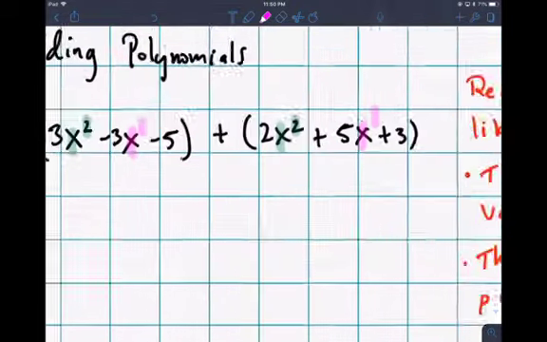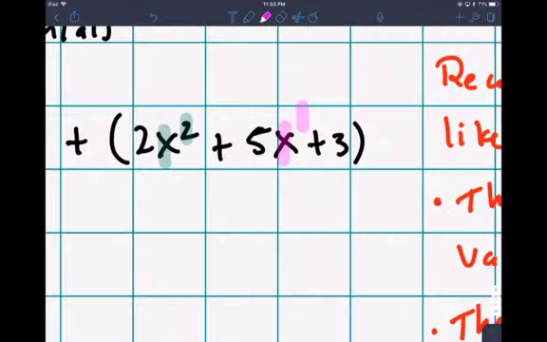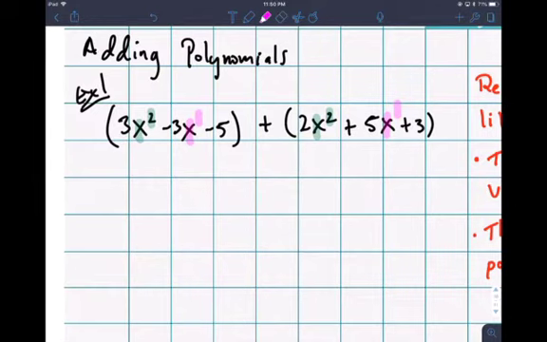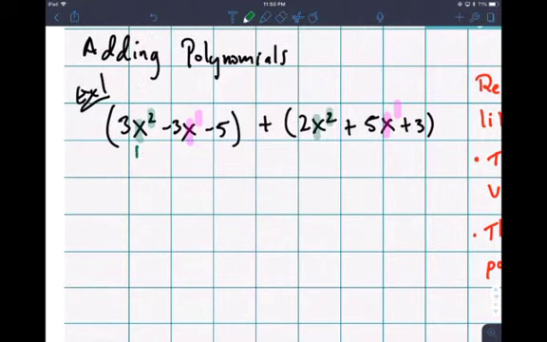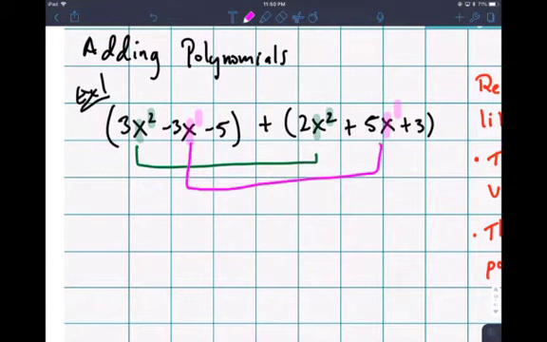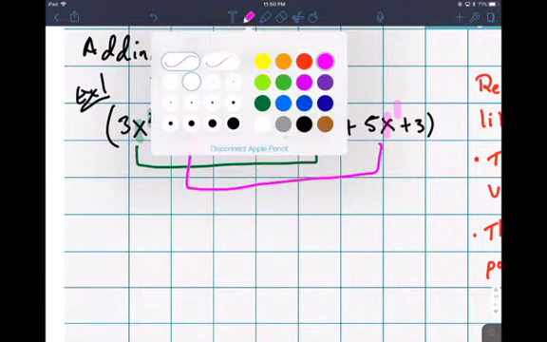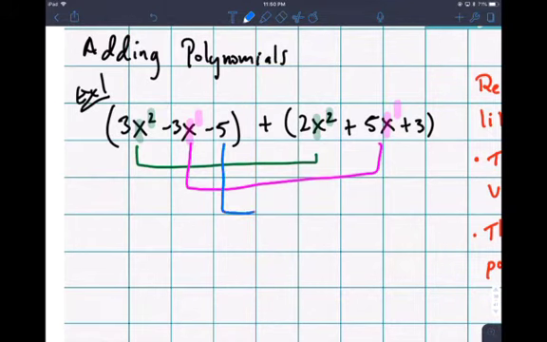And notice that the minus 5 and the 3 are like terms because they're just coefficients, so I can simply add them. So my like terms are those two and those and these.